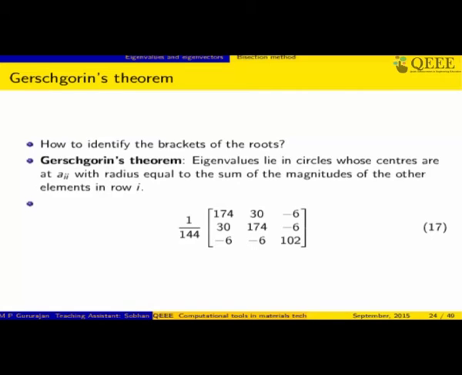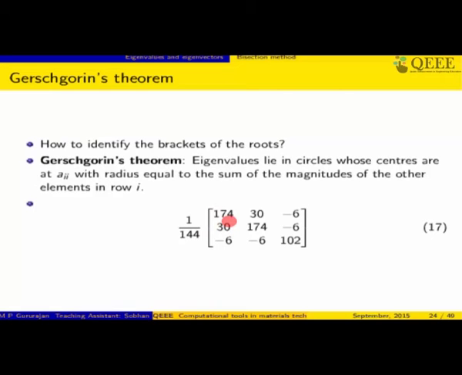Gershgorin's theorem says that eigenvalues lie in circles whose centers are at a_ii with radius equal to the sum of the magnitudes of the other elements in row i. So what does it mean? You take this row. The center of a circle is at the point 174 by 144.